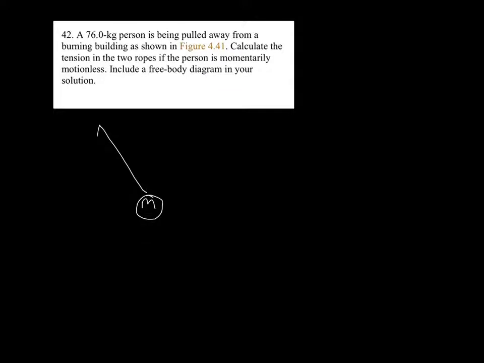There's a rope going up like this. We'll call that tension number 1. And there's another rope that's acting at an angle. We'll call this tension number 2. They give us the values for these two angles. Tension 1 is at a 15-degree angle from the vertical, and tension 2 is at a 10-degree angle from the horizontal.